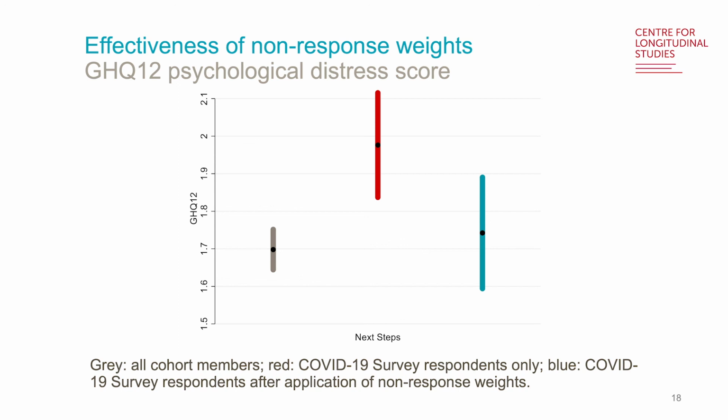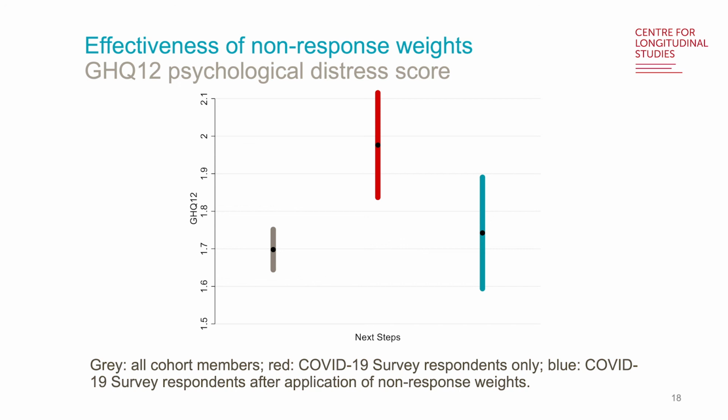We can see that we have a mean among all cohort members of about 1.7. This is increased among COVID-19 survey respondents to almost 2. But when we apply our non-response weights, we see that this is much more closely aligned to the value in the overall cohort members.